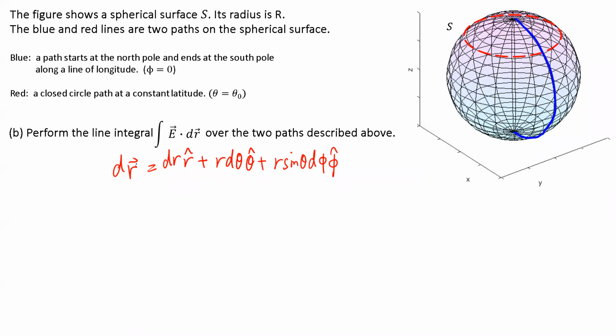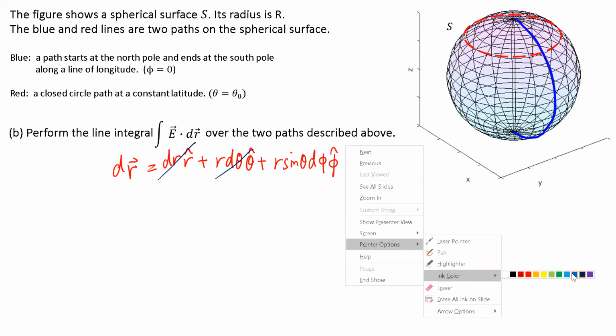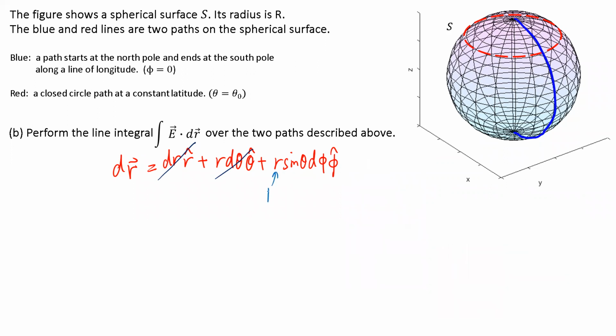So that's why when I consider dr, again I don't need this term, and also I don't need this term. And here, what should I take for r? Again, the r coordinate is always big R.